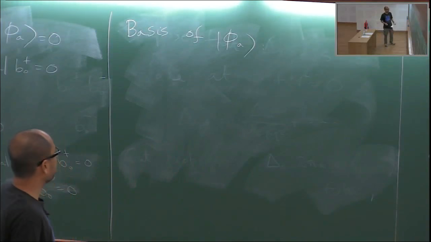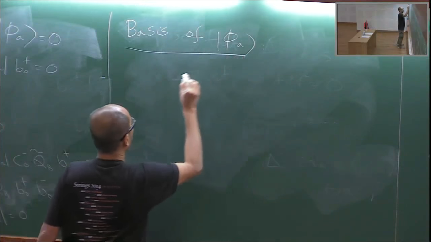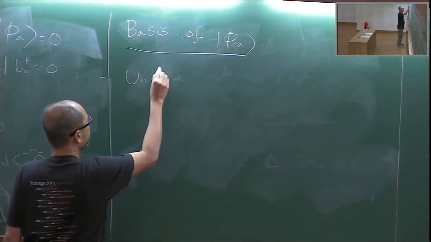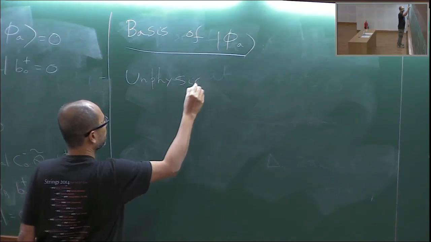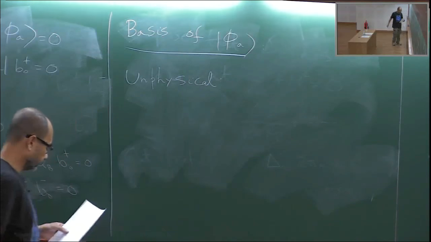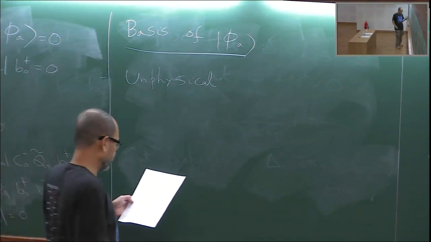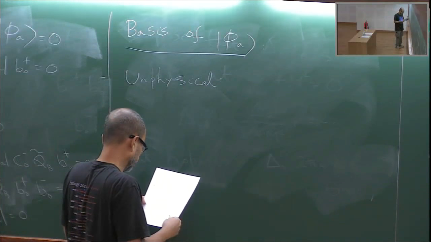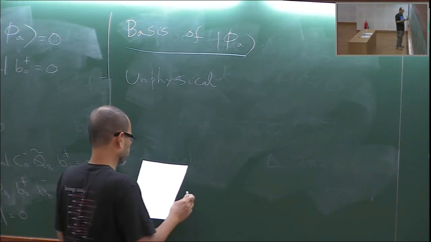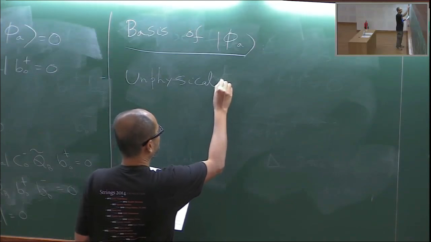Okay. So we will classify the basis states of phi A in the following way. First, there will be unphysical states, and I'll give the names later.